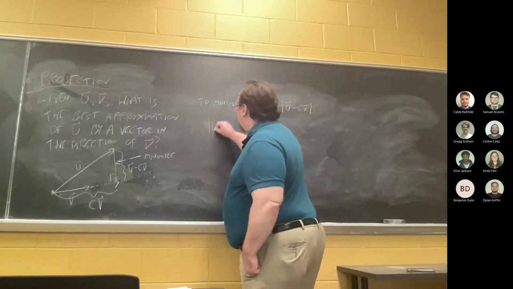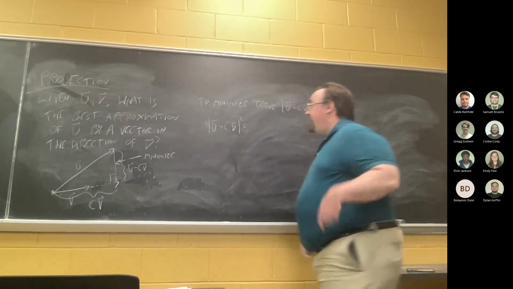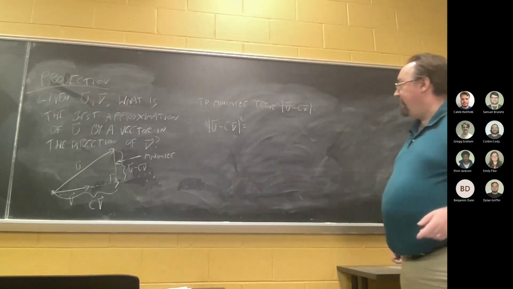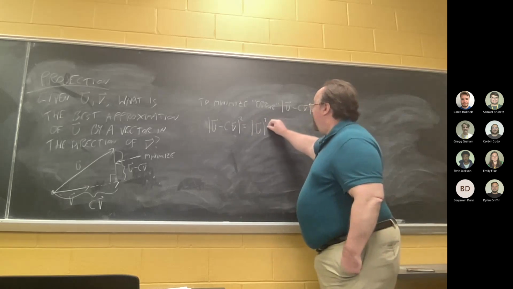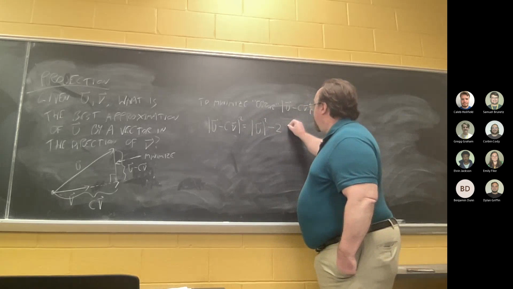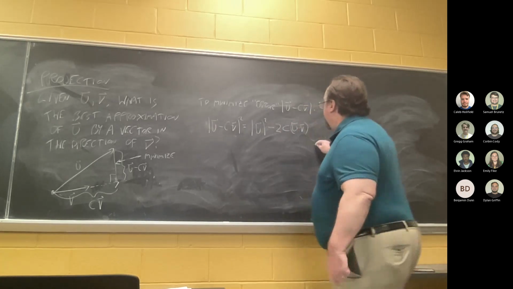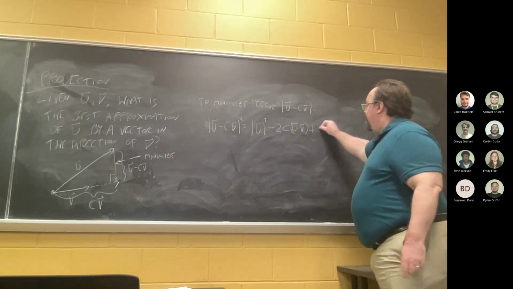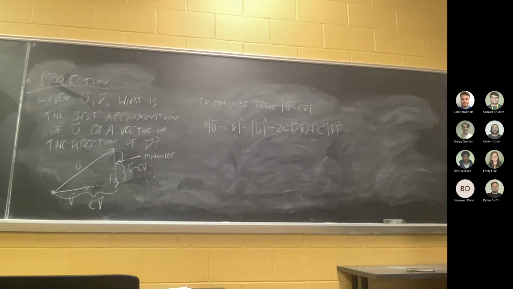Well, I'm going to take a look at the magnitude of u minus cv squared. And using a formula that I wrote on the board some time ago, that would be magnitude of u squared minus 2c times the dot product of u and v plus c squared times the magnitude of v squared.